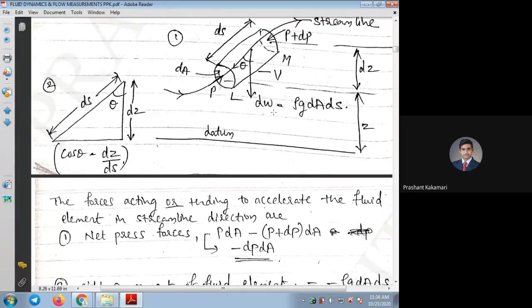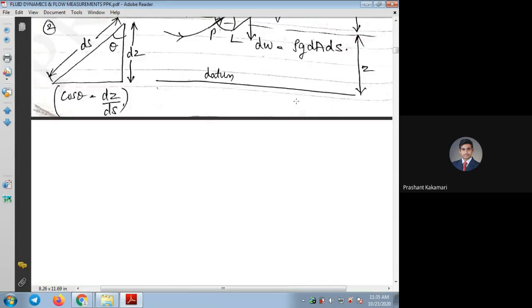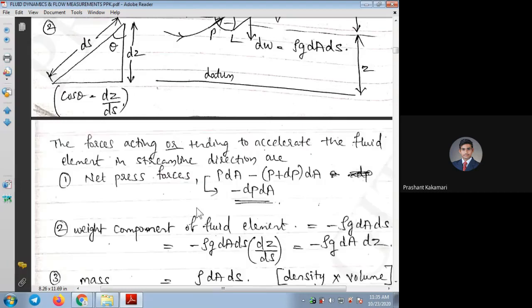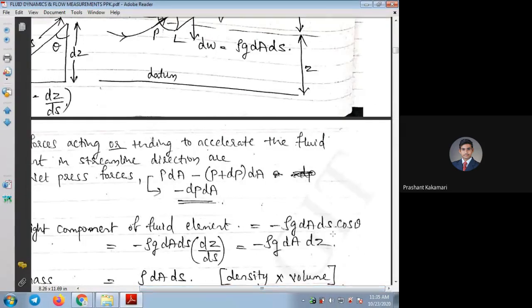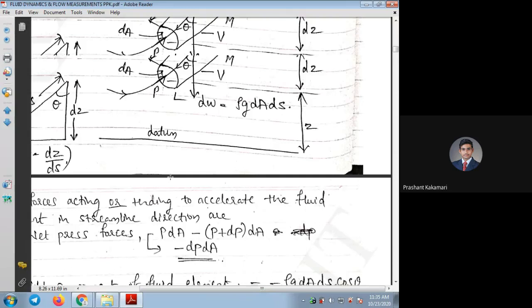So it will be opposing the flow. To show how the forces are opposing in the fluid flow, we take this weight and the outside forces in the opposite direction. So I can write the force due to weight or the gravitational force as minus rho g dA ds.